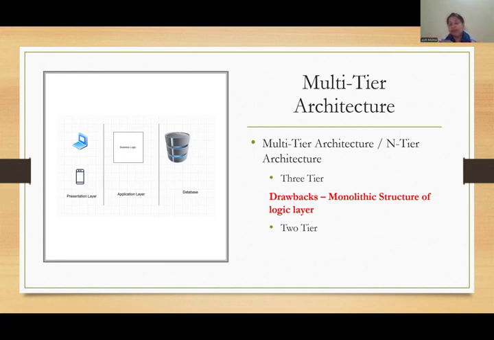You won't be able to go into multiple sprint teams, etc. There would be a lot of dependencies and a lot of conflict, so everything would get delayed. If somebody wants to merge something into this application layer and make a change, there has to be coordination between so many individuals.